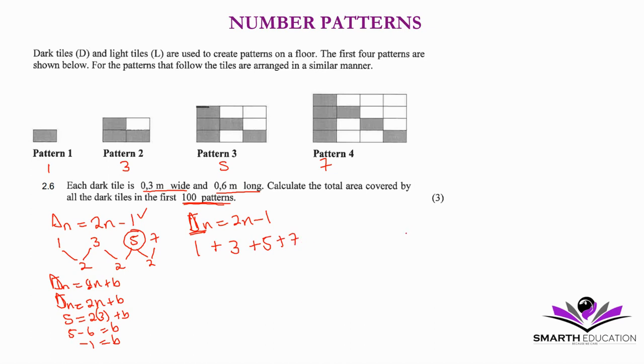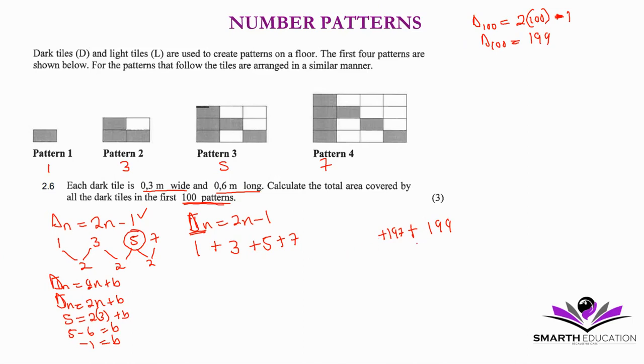Now, term number 100: D100 is equal to 2 times 100 minus 1, so D100 is equal to 199. Term number 99 is going to be 197, then term number 98 will be 195, and it goes on like that.